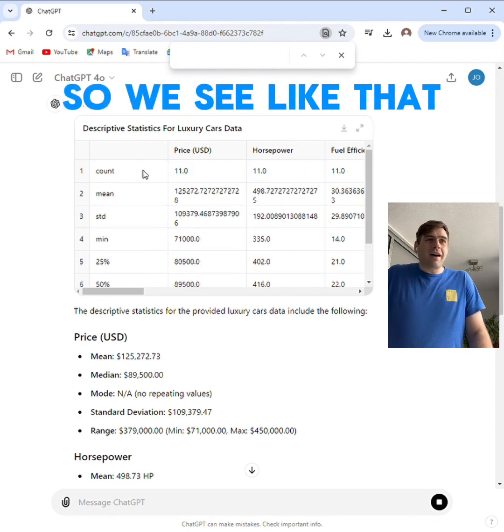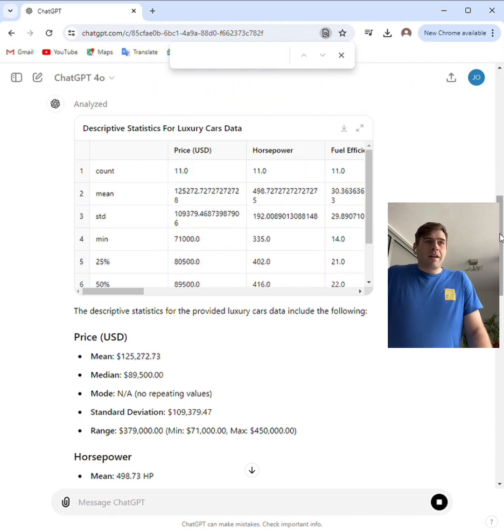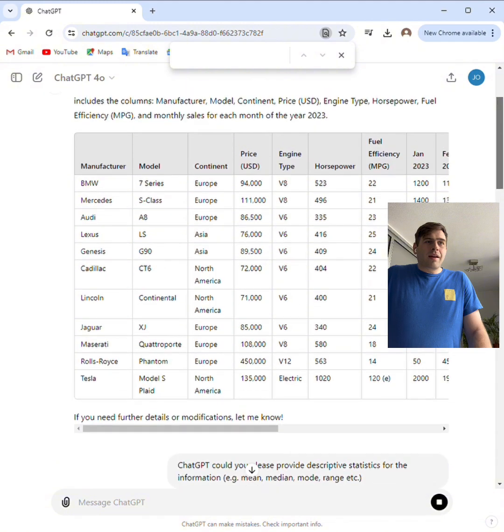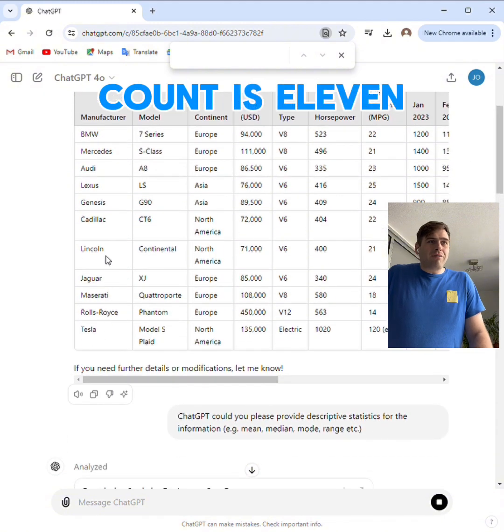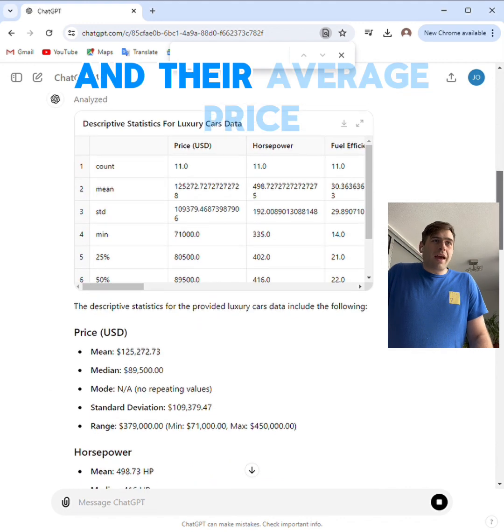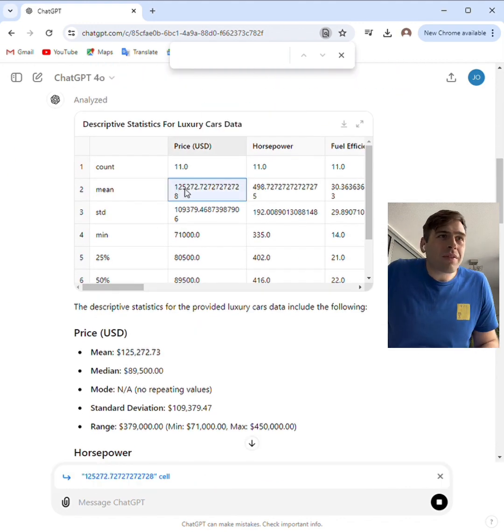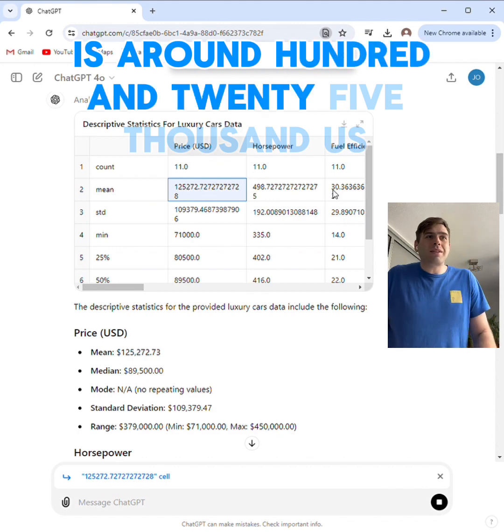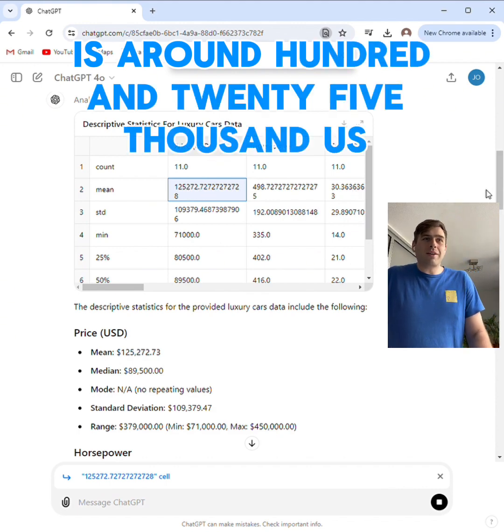So we see the count is 11, and the average price is around 125,000 US dollars.